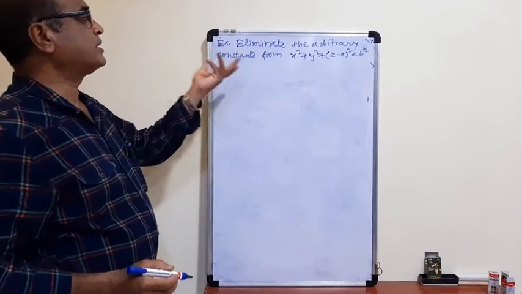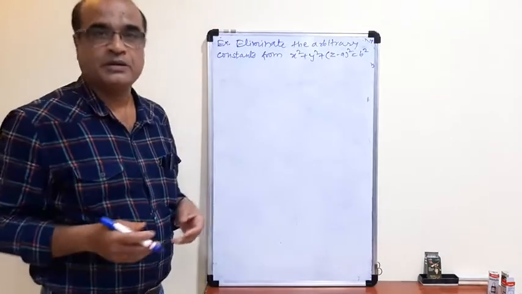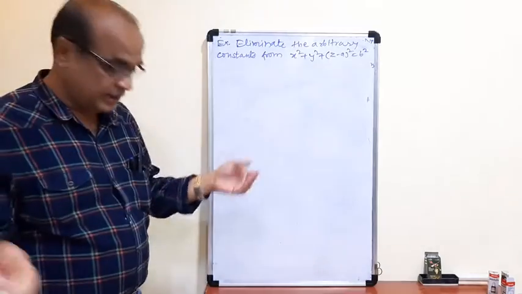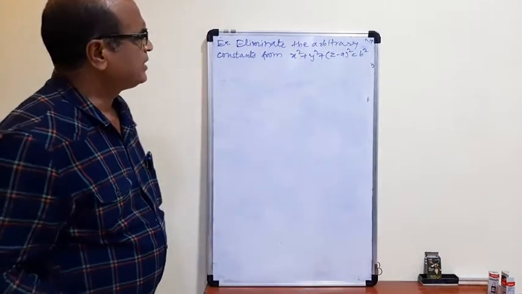Eliminate the arbitrary constants from this equation, where a and b are arbitrary constants, and obtain the partial differential equation.